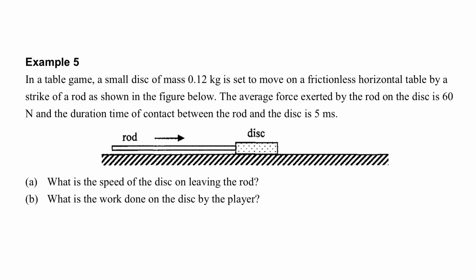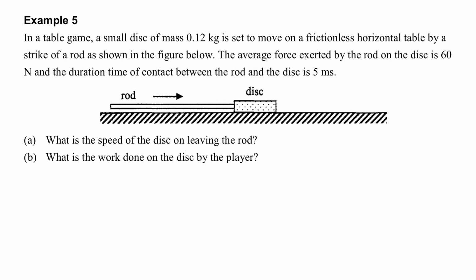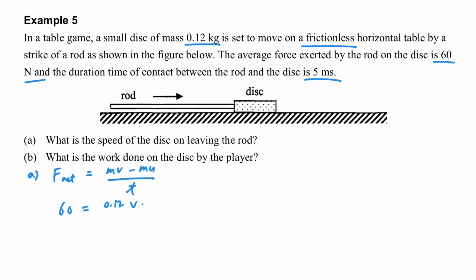Let's see how we use it. For example, if we are playing a game with a small disc on the table and a rod is hitting it with a force, and if we know the duration of the contact, we can find the net force and the change of momentum with the following relationship.